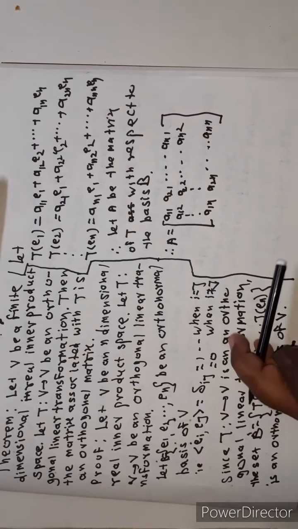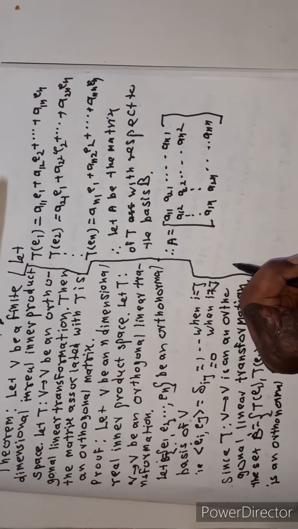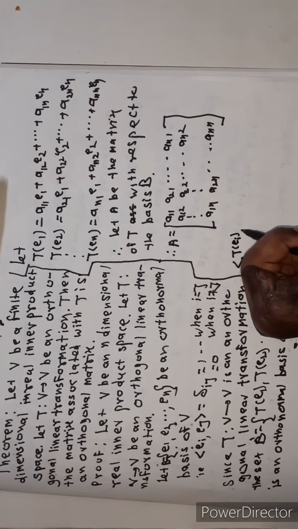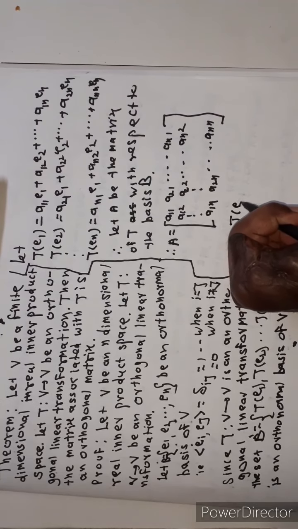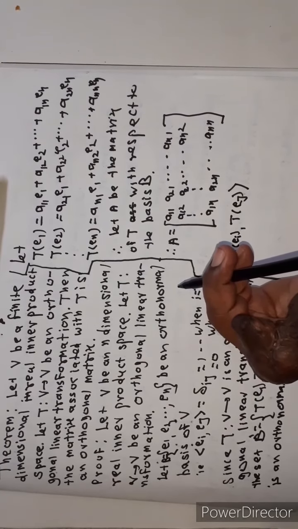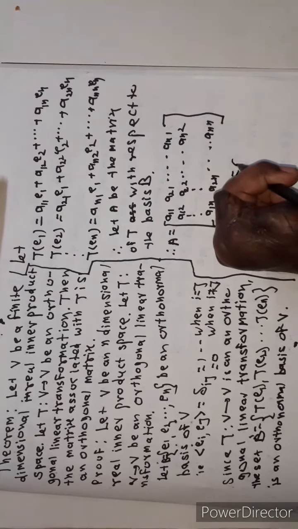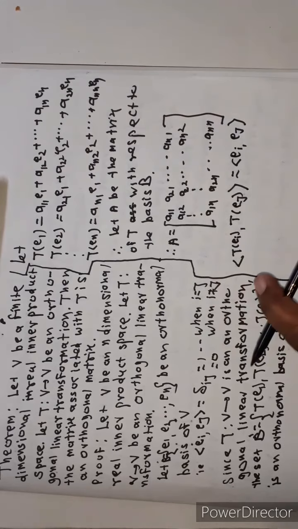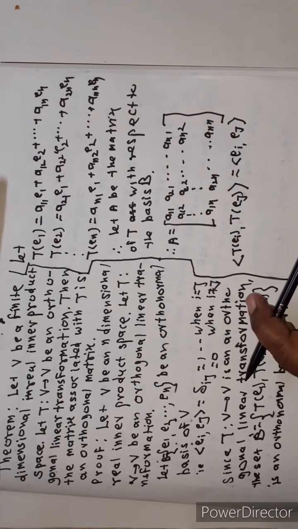Now see here, the inner product ⟨T(Ei), T(Ej)⟩ is equal to ⟨Ei, Ej⟩, because T is an orthogonal linear transformation, and by definition ⟨T(x), T(y)⟩ is equal to ⟨x, y⟩.